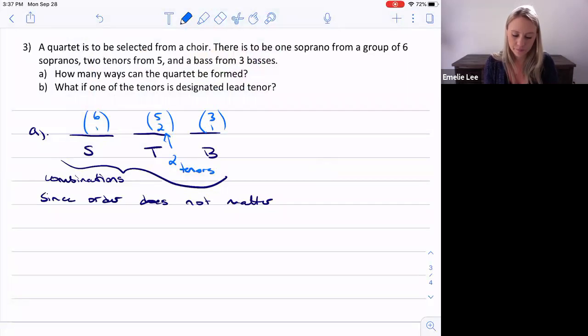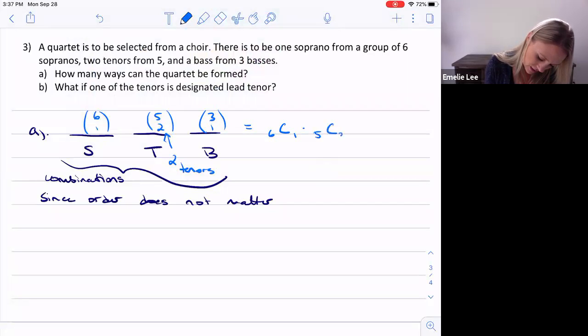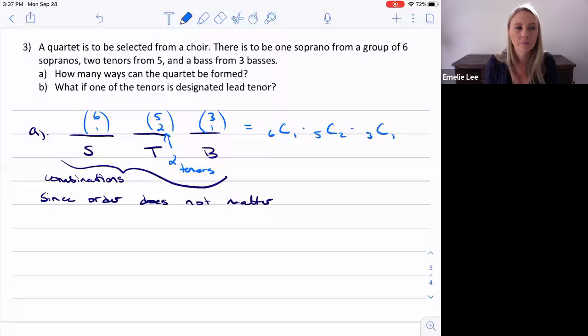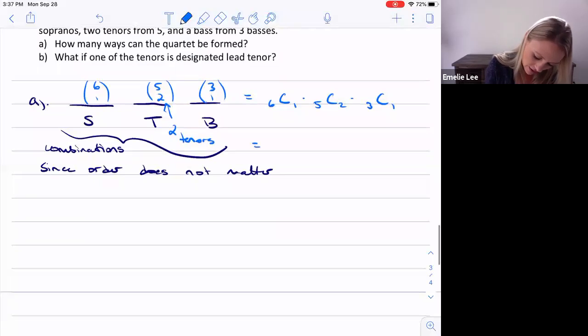And this on your calculator is going to be 6C1 times 5C2 times 3C1. Or you can use the formula and get to the same thing, but it's a little bit more work.